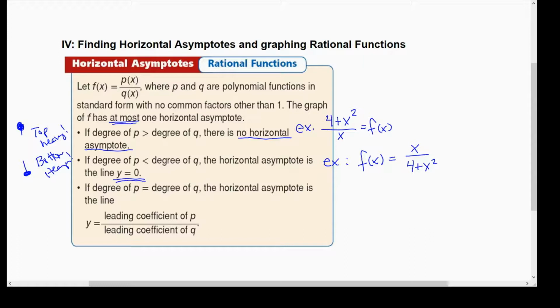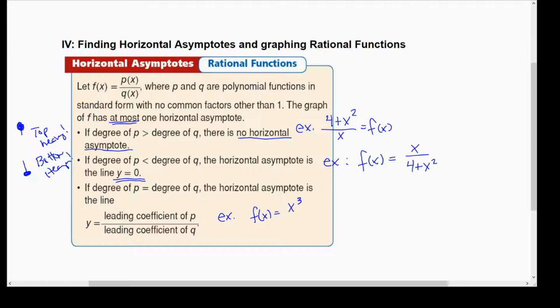So then the last choice, my last option, says that if the degree of P equals the degree of Q, so that means my numerator and my denominator have the same degree, then the horizontal asymptote will be the line y equals the leading coefficient of P over the leading coefficient of Q. Let me explain. Here's an example of a rational function that has polynomials with the same degree.